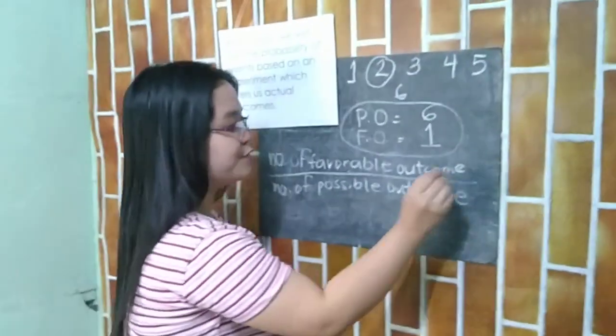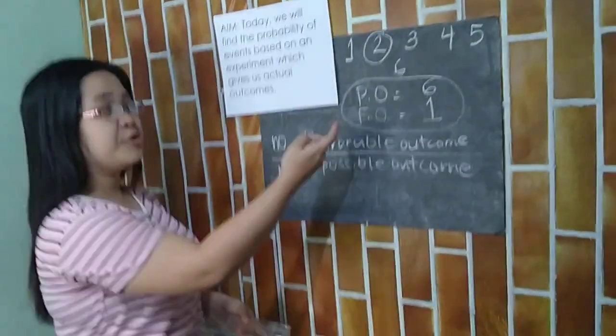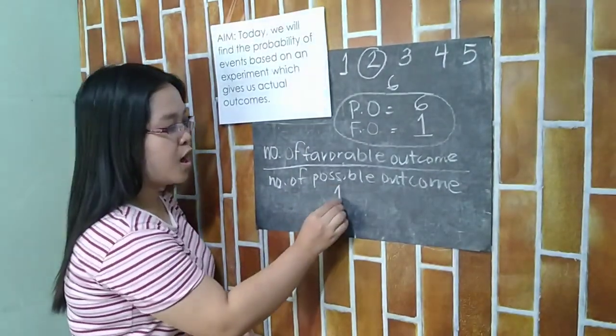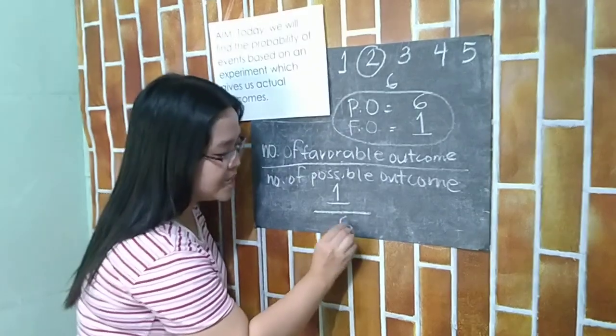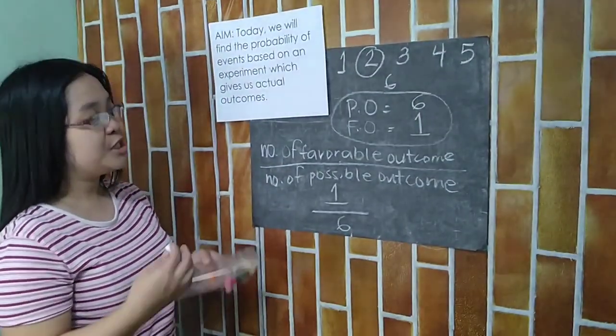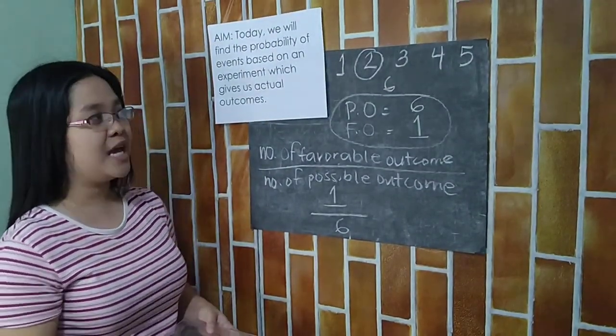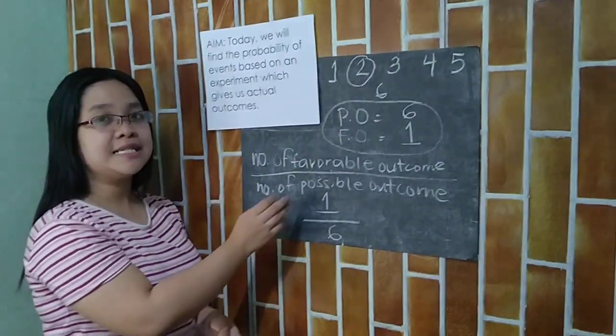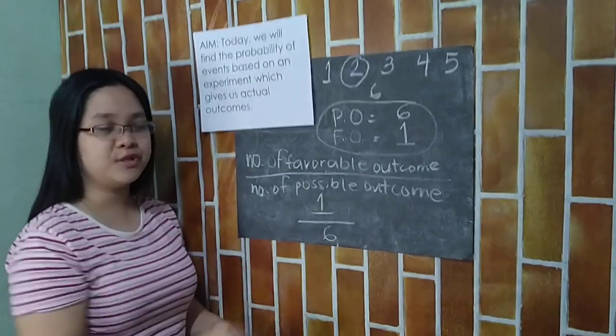So using this formula, what could be the theoretical probability for this one? So it is 1 over 6. So the chance or probability of getting number 2 from the dice is 1/6 or 1 over 6.